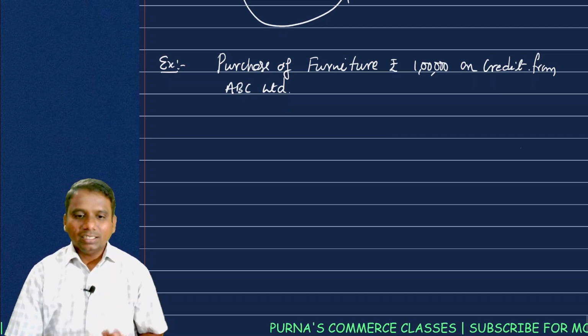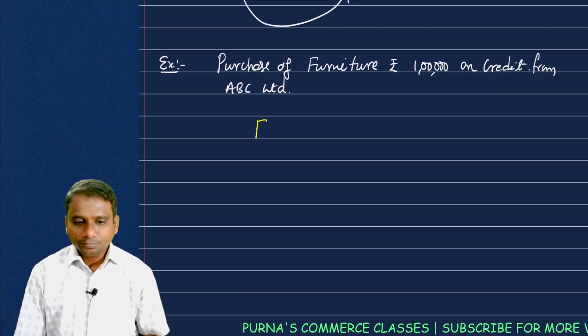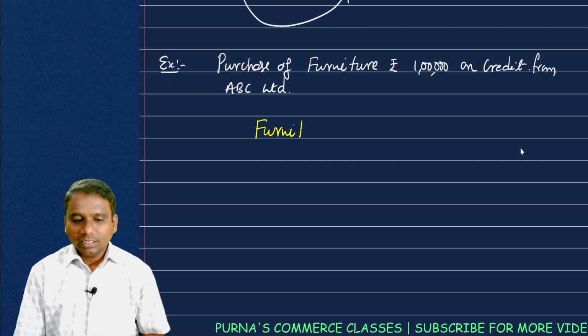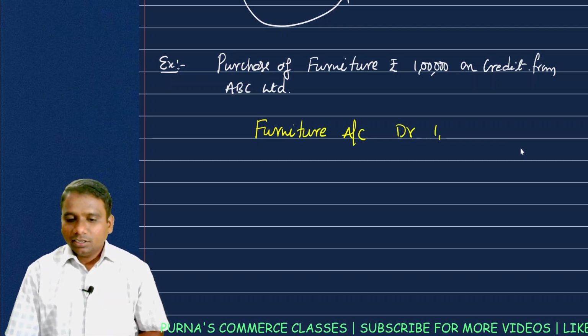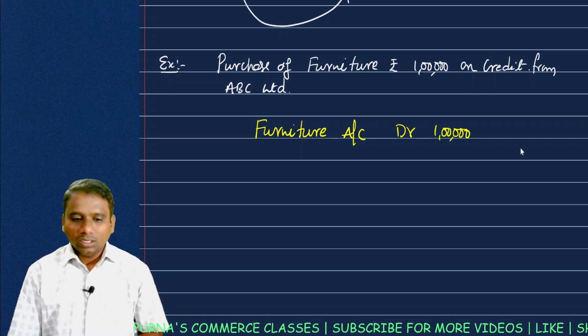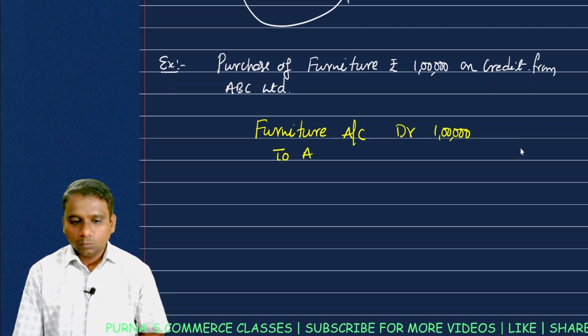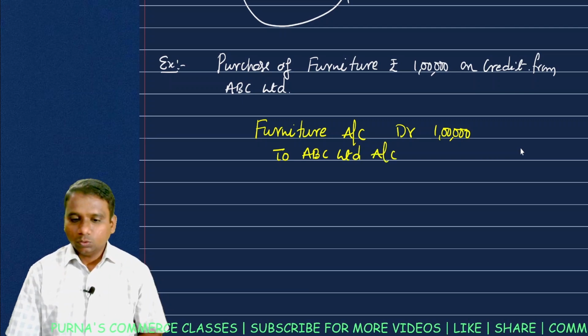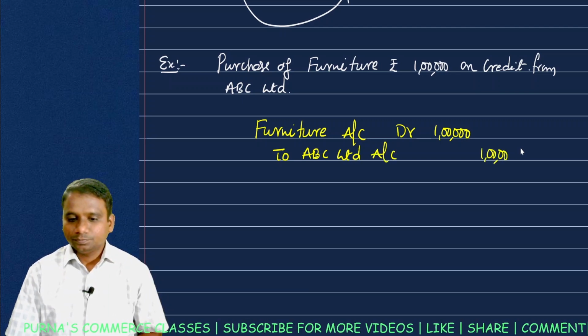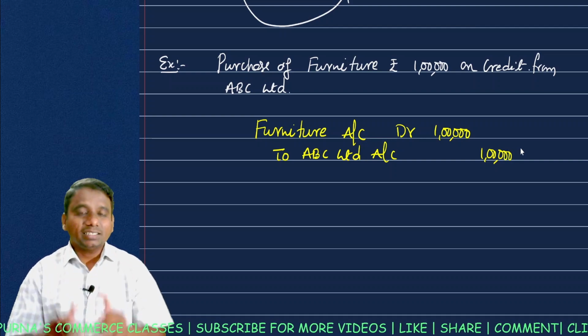What is the correct entry we should record? The correct entry is furniture account debit 1 lakh to ABC Limited account 1 lakh. Yes or no? This is the correct entry.